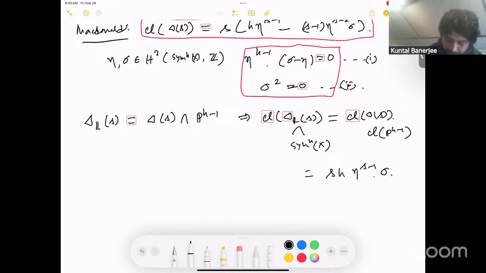And finally, you can pull back this eta and sigma on P1.